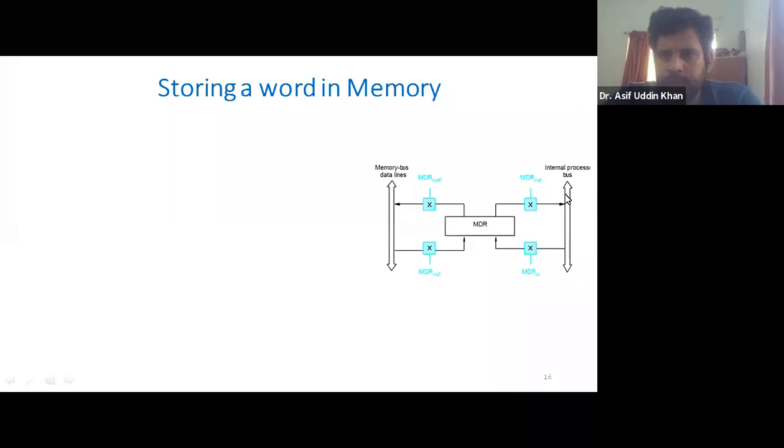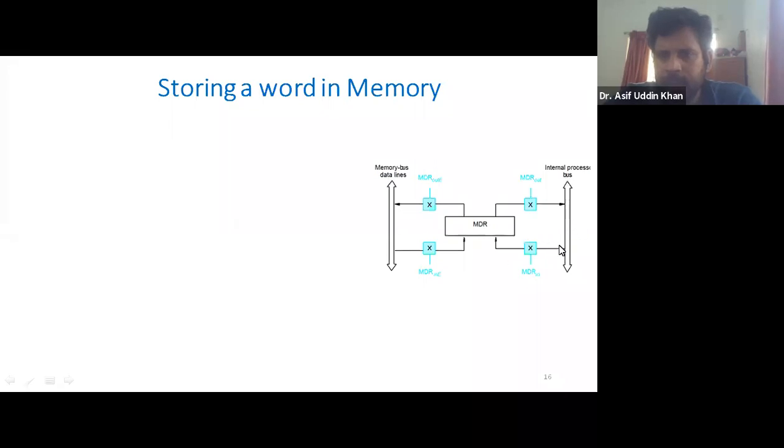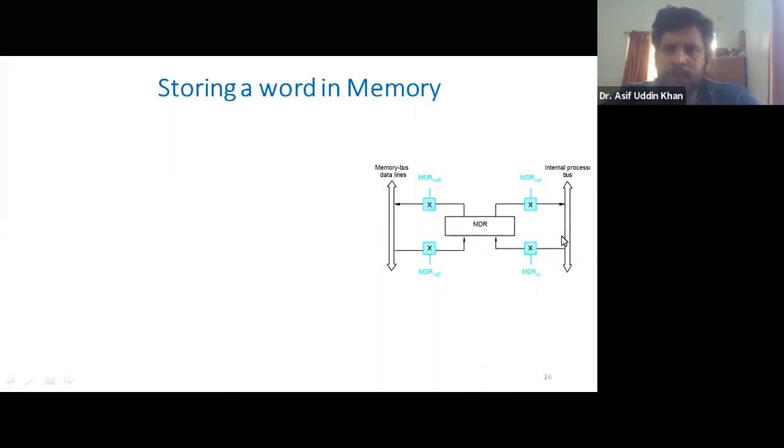On the right hand side, it has two flag values: MDR out, MDR in, and on the left hand side it has two flag values: MDR out E and MDR in E. This E is for external, because this side MDR is connected to the external memory, and this side MDR is connected to the internal bus. And this is for the single bus processor architecture.